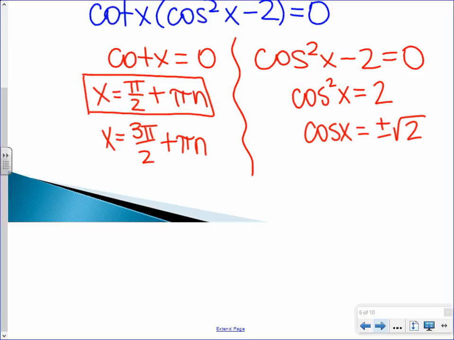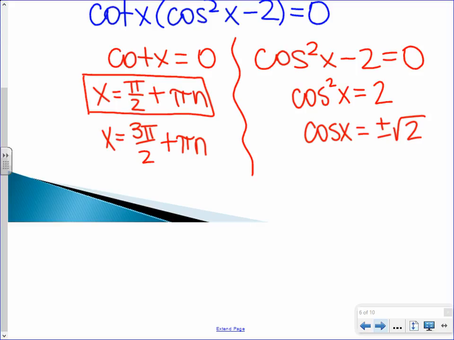All right, where does cosine equal radical 2? Radical 2. What do you say, Amanda? It doesn't. Okay, if this was radical 2 over 2, we would be in business.